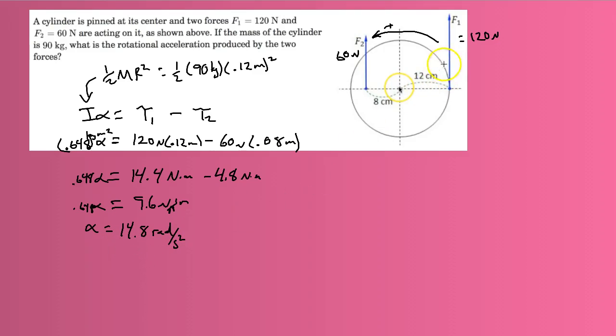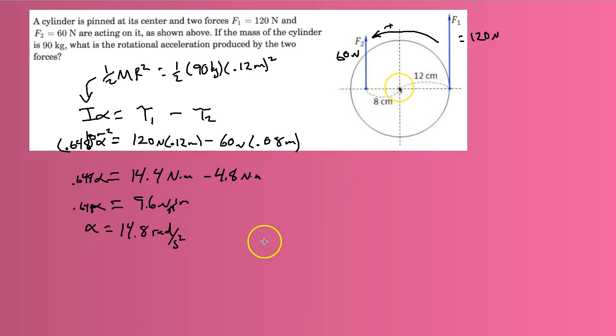So what that means is if we have this disk, with a force on the outside of 120 newtons like that and a force on the inside of a little bit of 60 newtons like that, we're going to have a positive angular acceleration. That means the disk is going to increase its speed because of these forces.